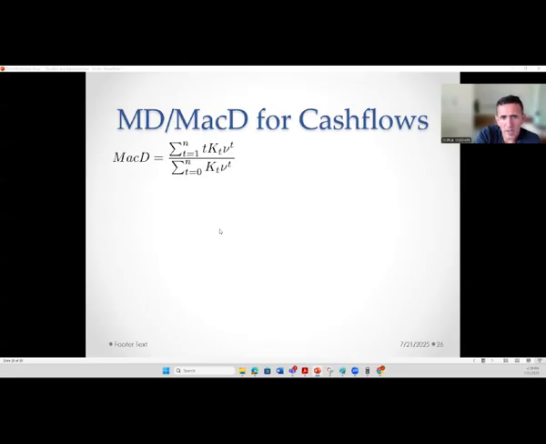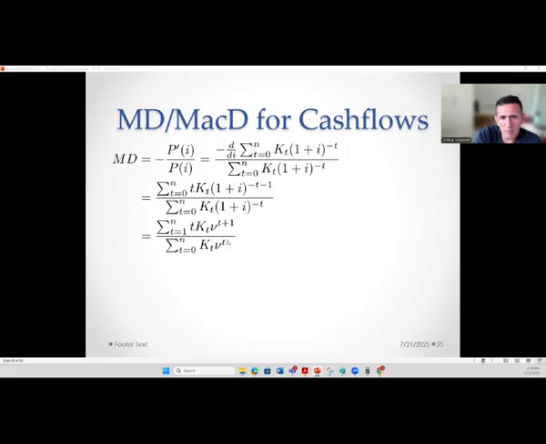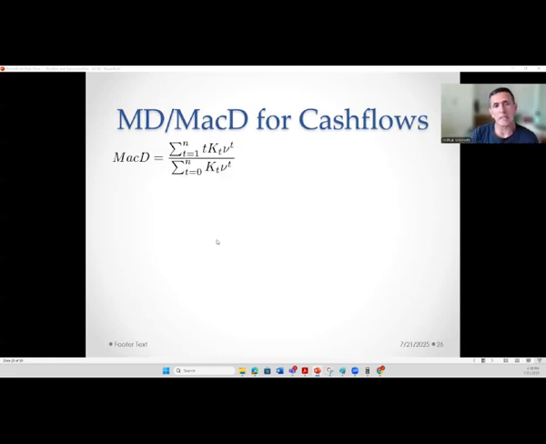And if I take this and multiply by 1 plus i, I get rid of a v in the numerator. So I have this really nice looking formula for Macaulay duration. If you have taken Math 362 or a probability course, this might look a little familiar.